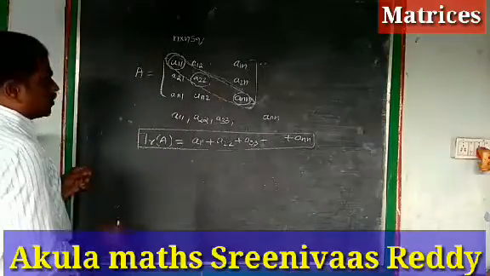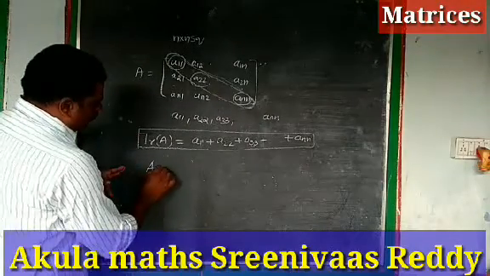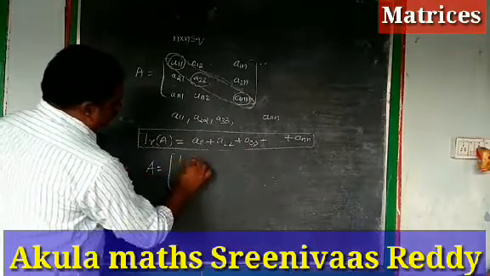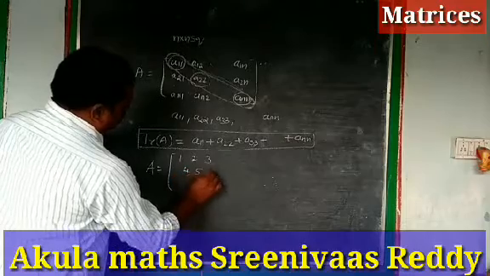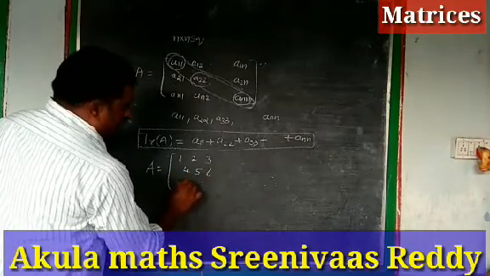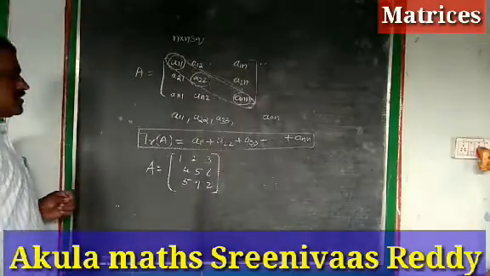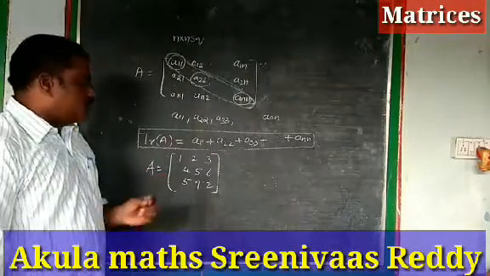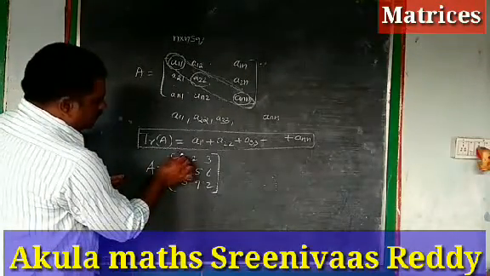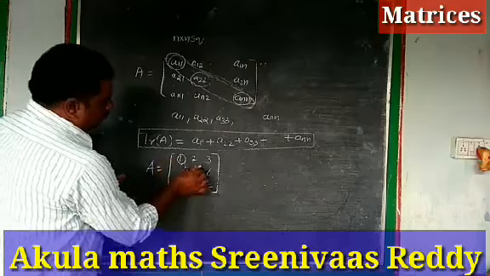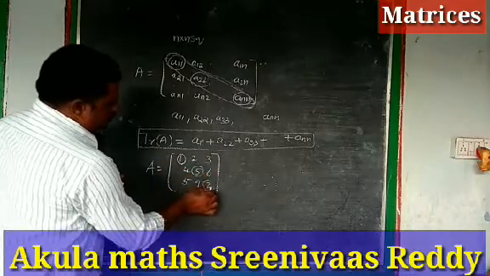We may take one example. Capital A is equal to 1, 2, 3, 4, 5, 6, 5, 9, 2. This is a square matrix and the principal diagonal elements are 1, 5, 2.